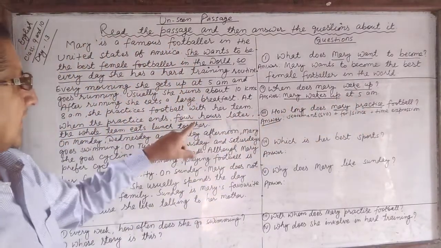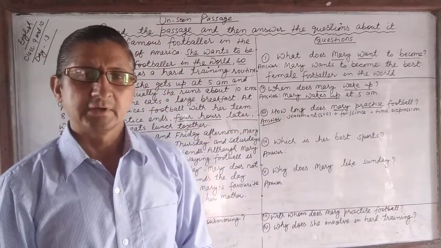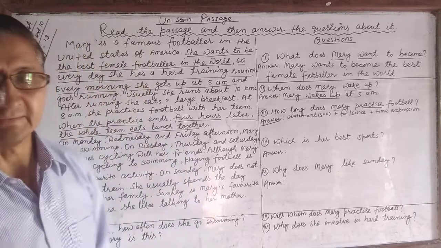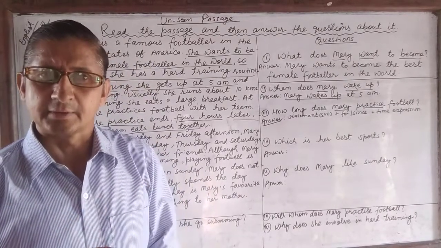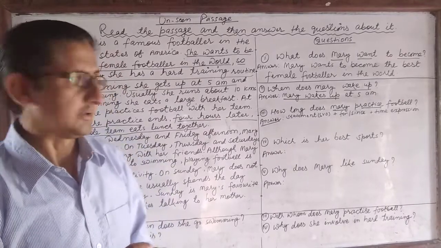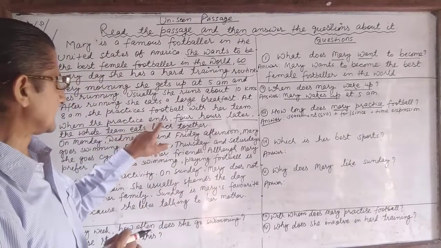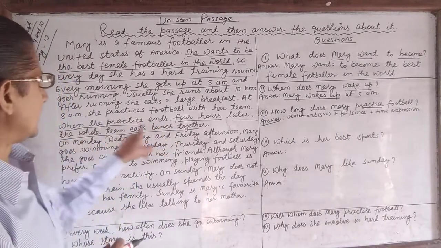We are finding the answer of how long question. The answer of how long question is length of time, a time expression. So we'll find the answer in this sentence. So we underline this sentence.